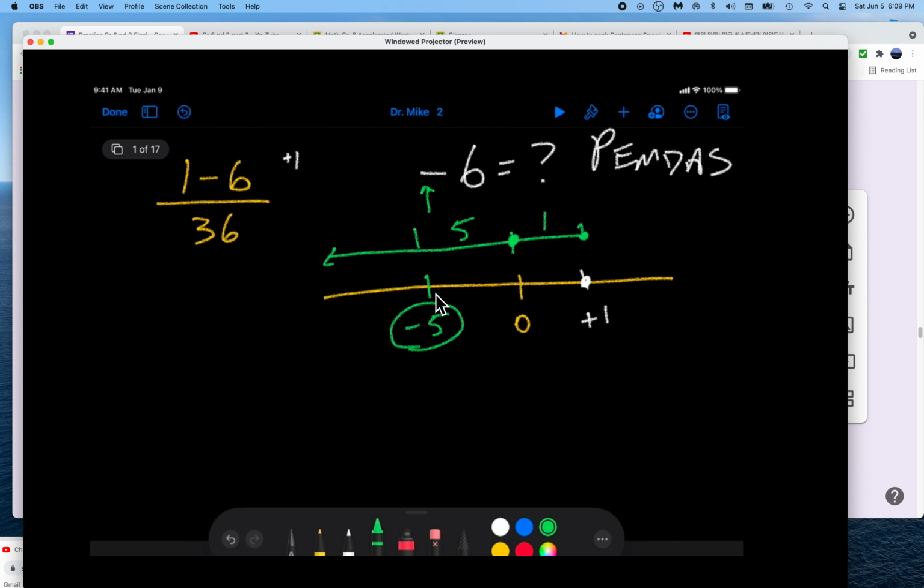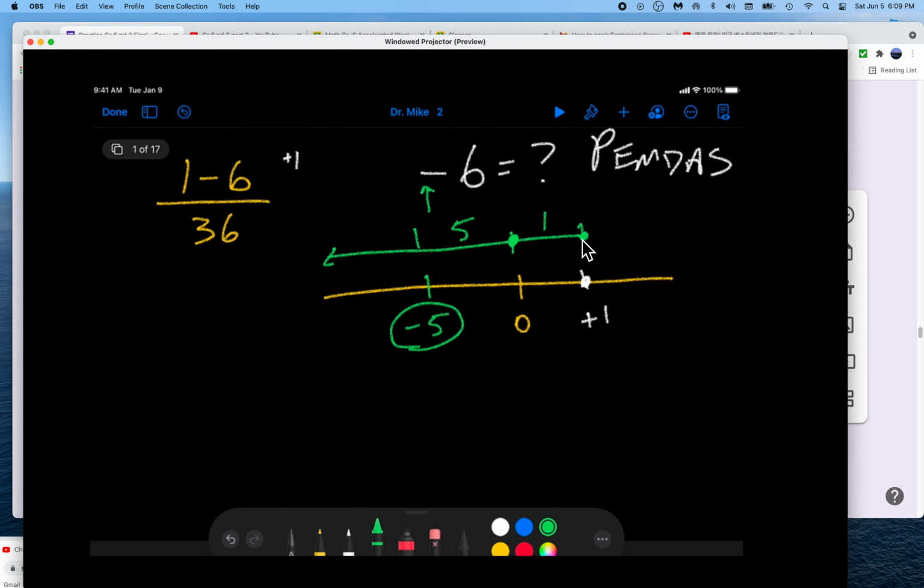Okay, so to review, we find our location. That was the plus 1. Once we're done, we shrink him. We mark our location. We look at the next sign. It's negative. We're facing and moving this way. How far are we going to go? 6 units. Okay, we start moving.